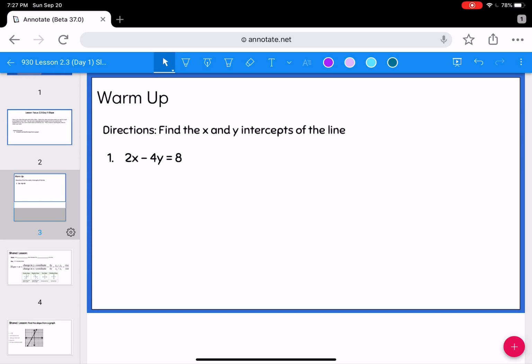I know we want to find our x and y intercepts. So I'm going to write my x-intercept here, draw a line, and then I'll find my y-intercept on the other side. To find the x-intercept of 2x minus 4y is equal to 8, I need to set y equal to 0.